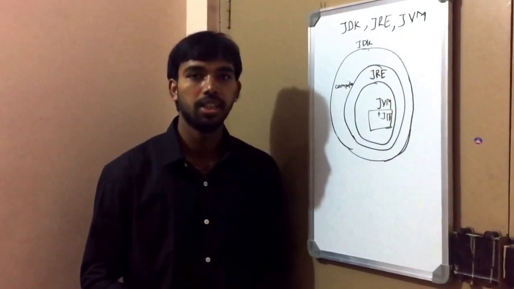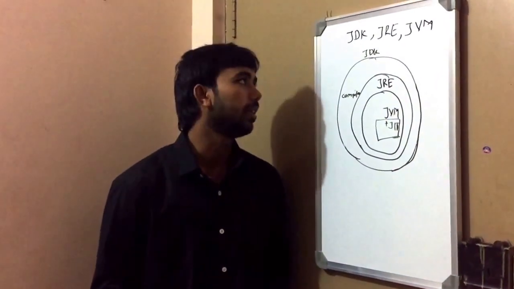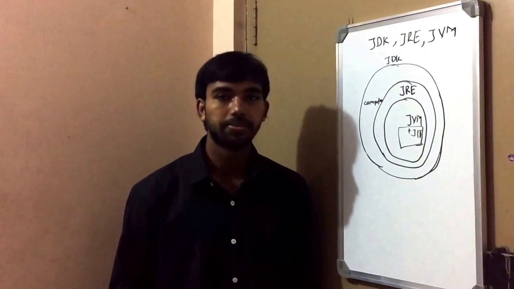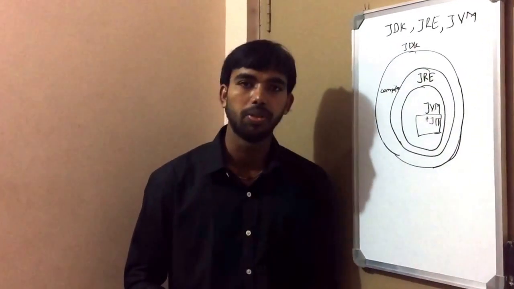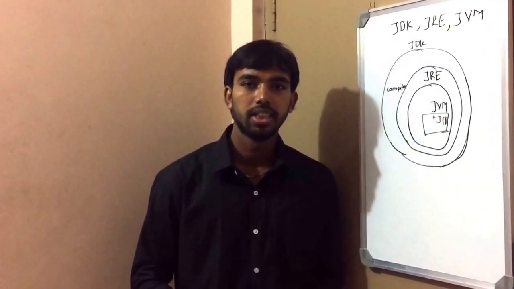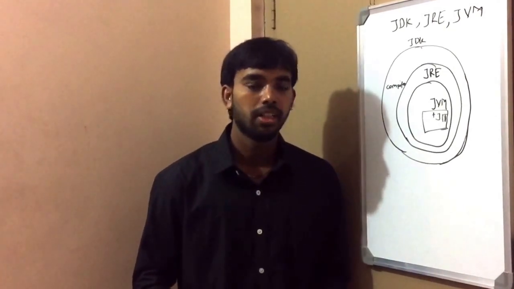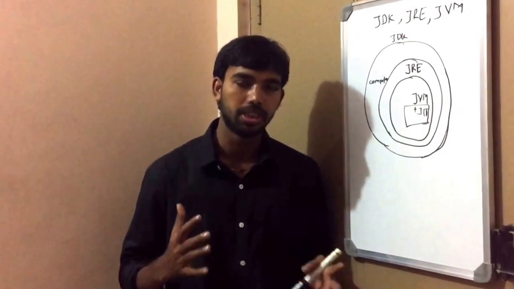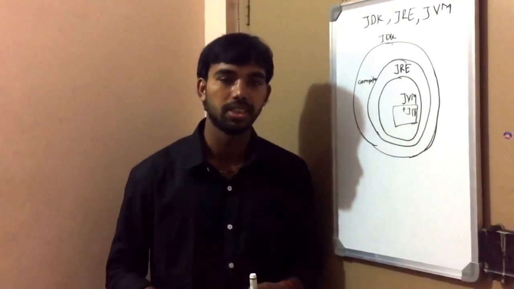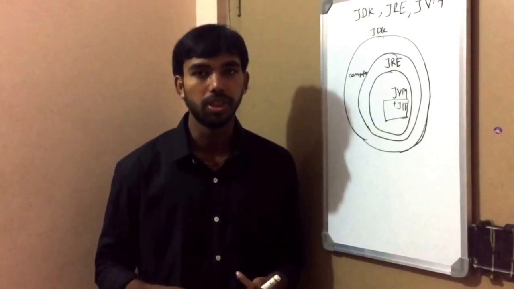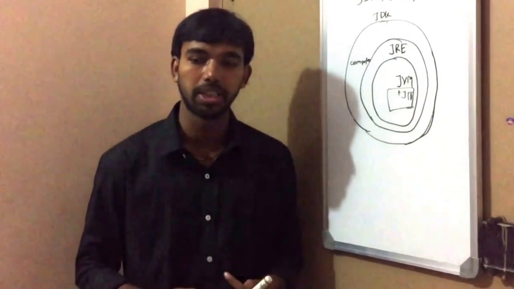If you consider the first, we start with the JDK. JDK is nothing but the Java Development Kit. When we are going to develop a Java application and Java programs, we need JDK to be installed in our system. JDK contains some compilation tools and a runtime environment which we need when we are going to execute our Java application.